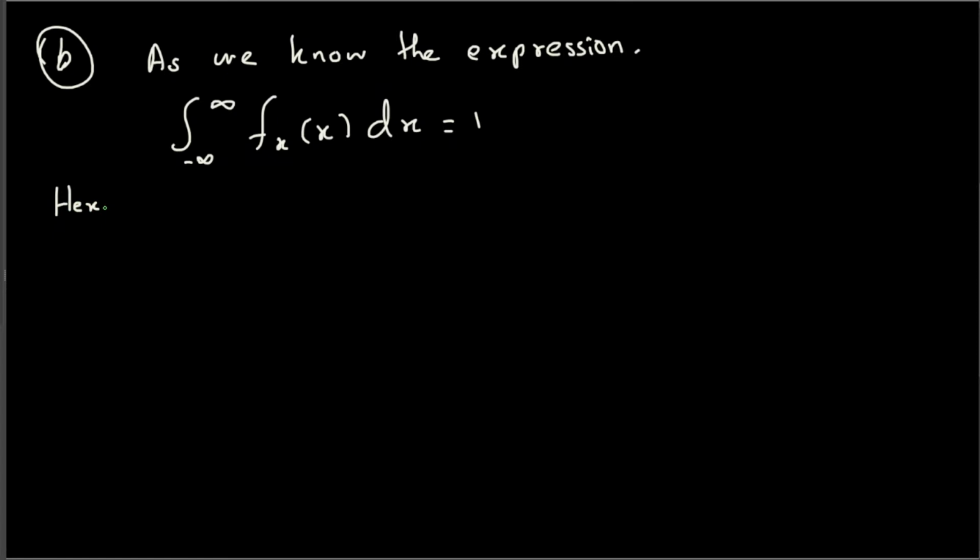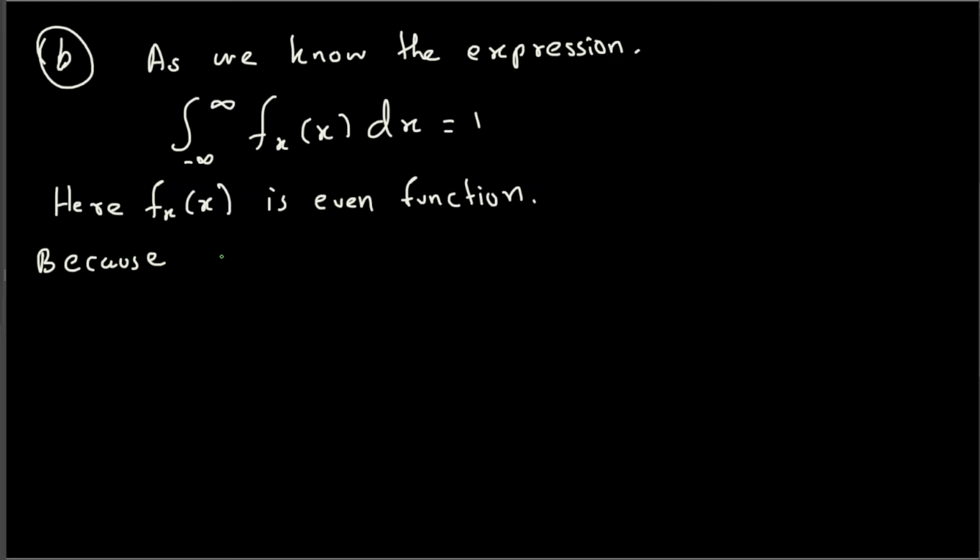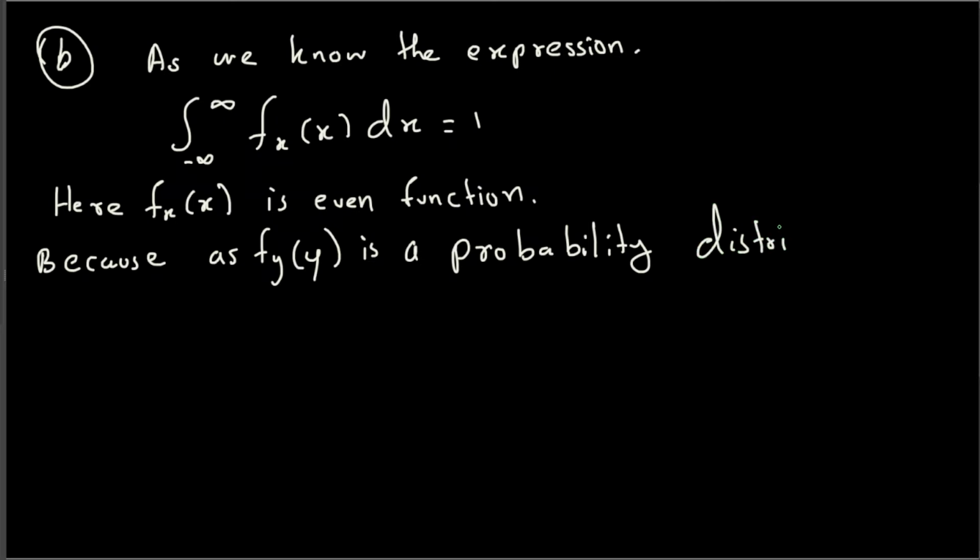Here f_X(x) is an even function, because f_Y(y) is a probability distribution. Hence its integral must also equal 1.